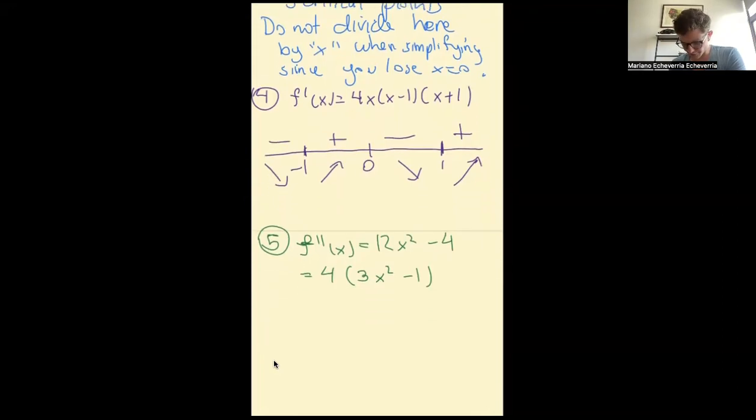How could you factorize this further? Any thoughts? Well, you could use the difference of squares formula.